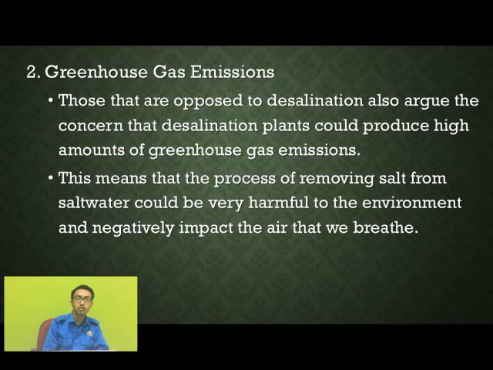The second disadvantage of this process is greenhouse gas emission. This process produces a high amount of greenhouse gas emission.